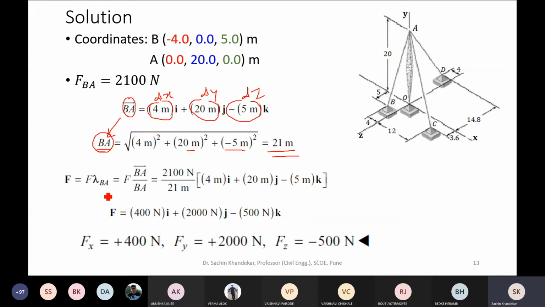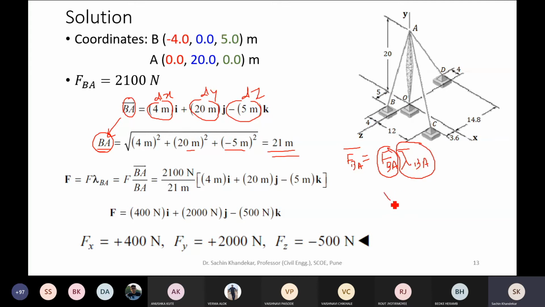Okay, fine. So next, as I already told you here, we are expressing this F as F into lambda. So here it is F BA in vector notation, and this is F BA in magnitude, and this is lambda bar BA, correct. Now you find the expression for this lambda bar BA, multiplied by its magnitude.